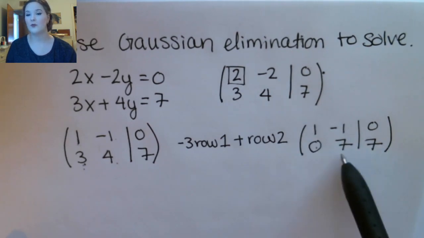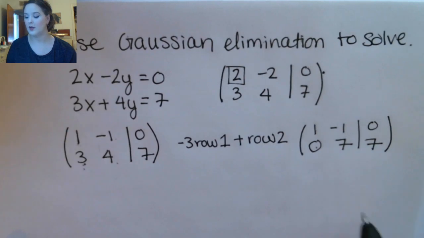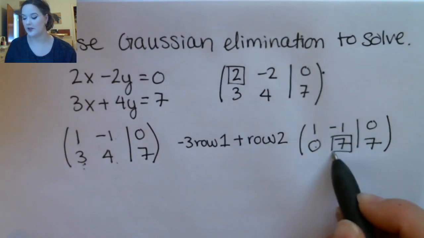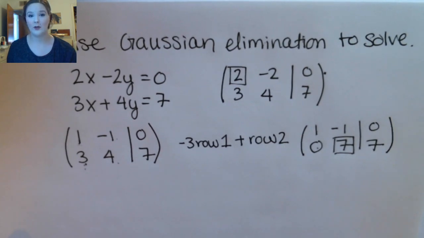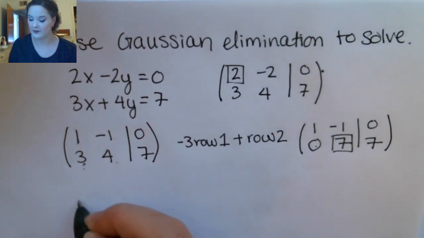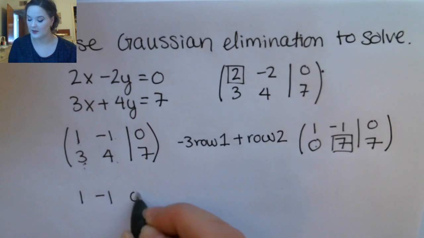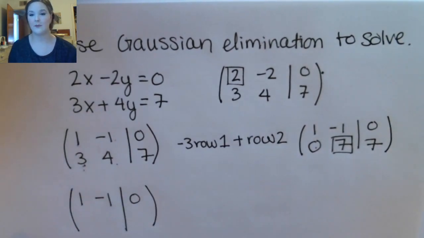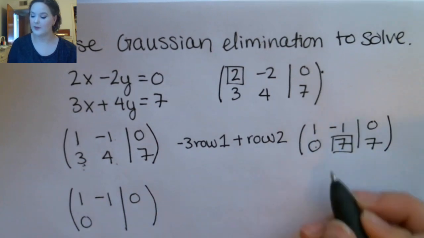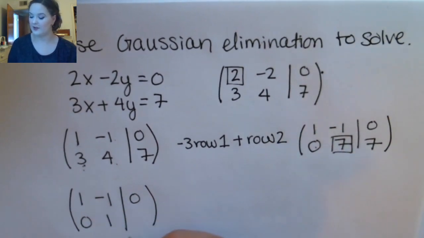Then I'm going to move right 1 column, and I'm going to look at the diagonal entry. I want that diagonal entry to be a 1, so I'm going to divide by 7. I don't change my first row at all. You're only doing one step at a time. Then I'm going to divide my second row by 7.